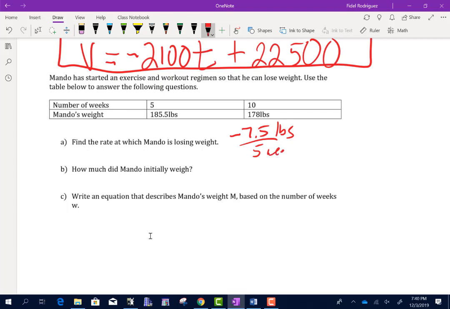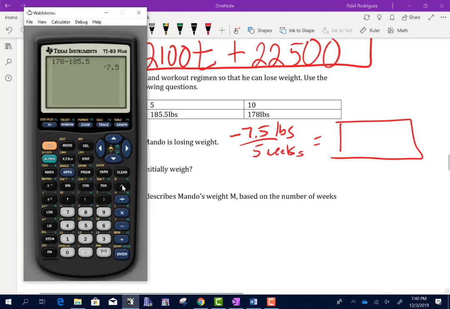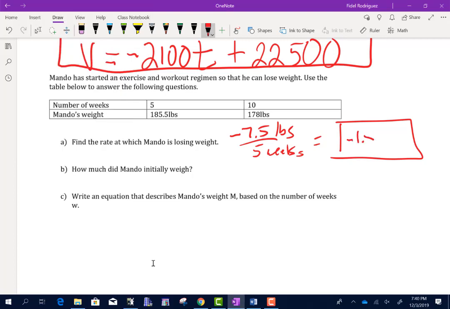So if we just divide that out, divided by 5, how much weight is he losing every week? 1.5 pounds per week. Guys, why is it a negative? Because he's losing weight, right? So the negative is important here. Just like in the problems we did before, sometimes it was positive, sometimes negative. The sign actually means something, right?